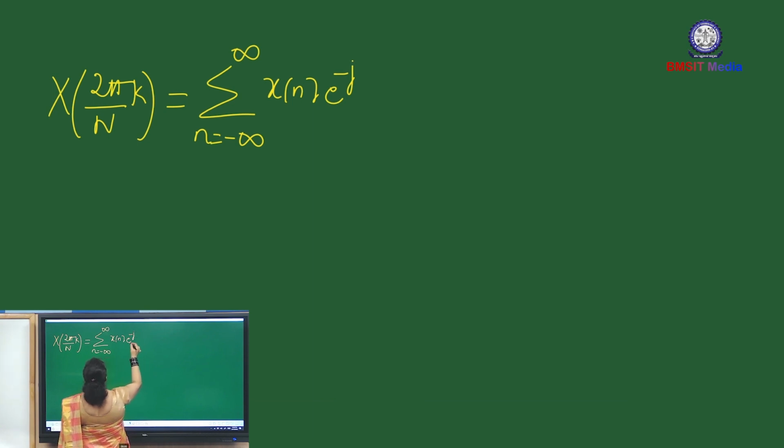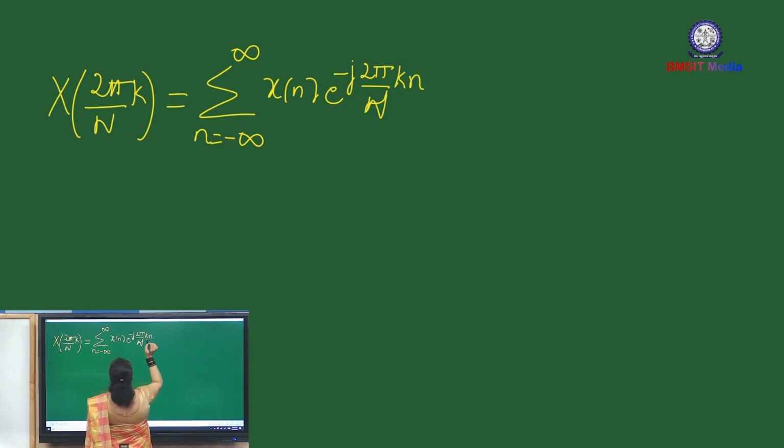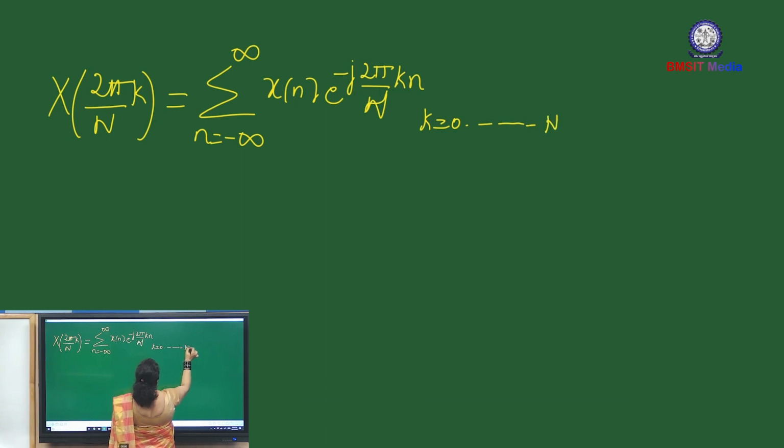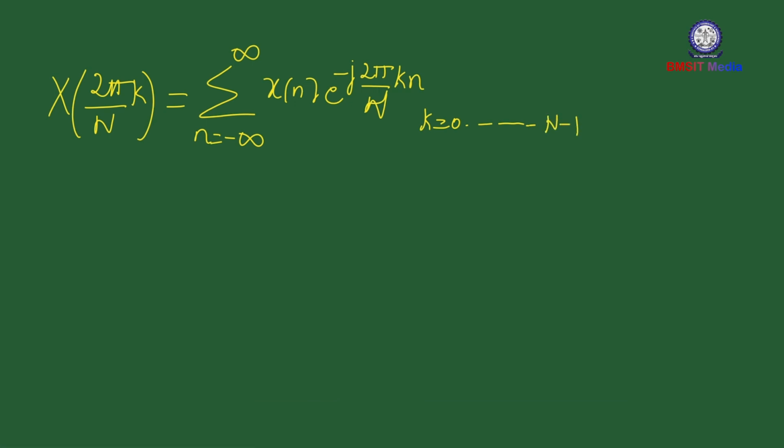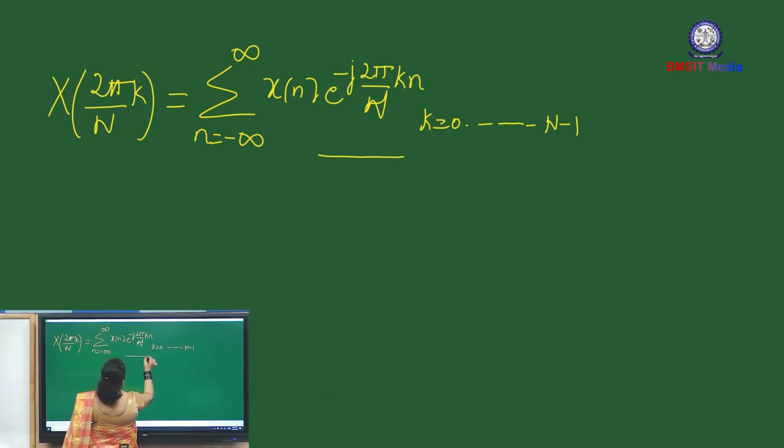Earlier it was omega, now it becomes 2 pi by N k n. So here k is the index indicating the number of samples in the duration 0 to 2 pi, so it is 0 to N minus 1. Now let me call this equation 2.